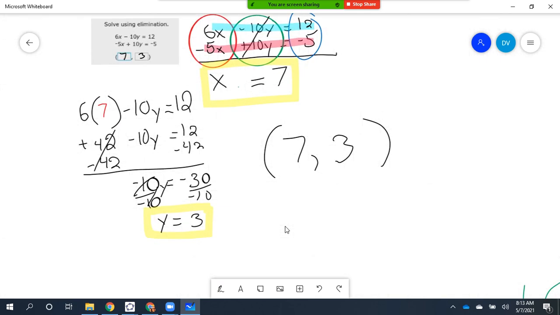Let me write a note here. This is to check our work. To check our solution, we should substitute.